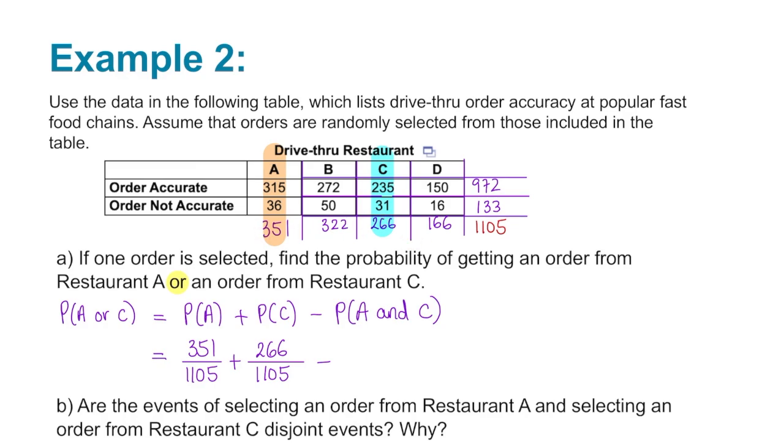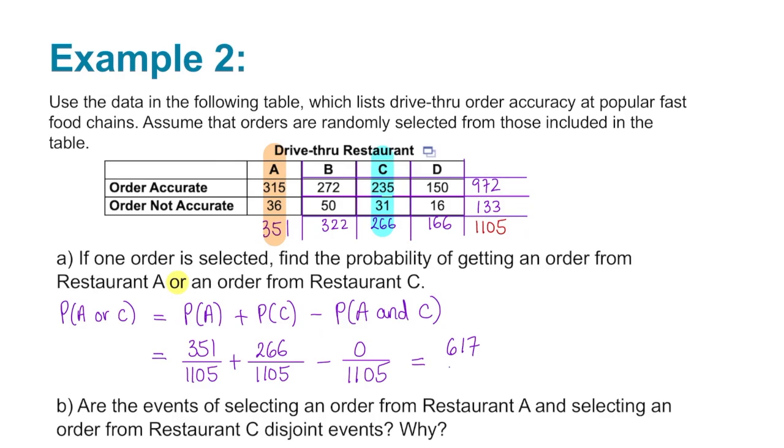They don't have any common element. That means there are no orders that are from A and also from C, which is 0 over 1105. The probability of A and C is 0.